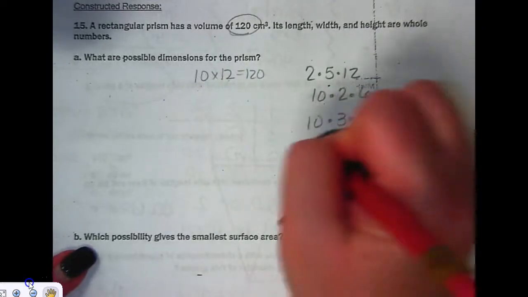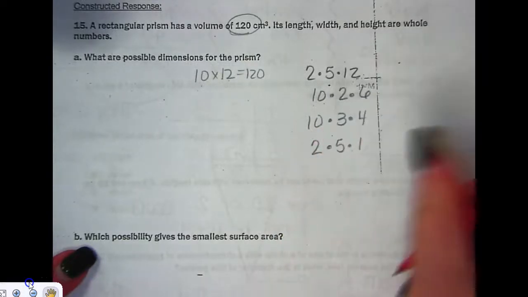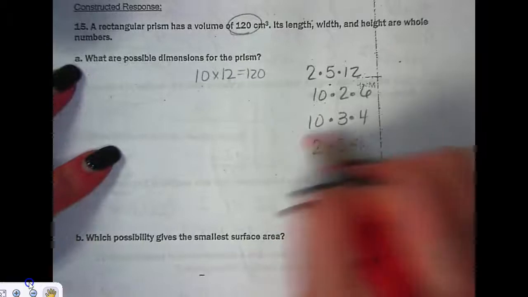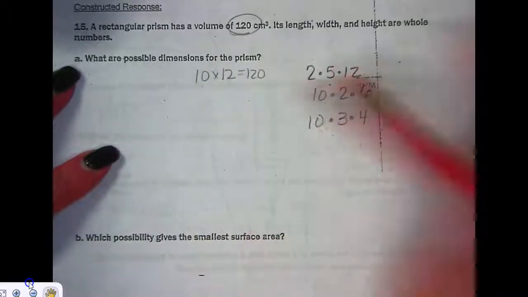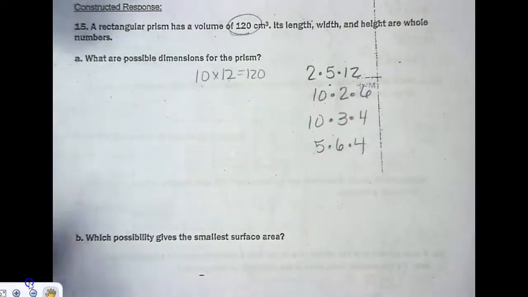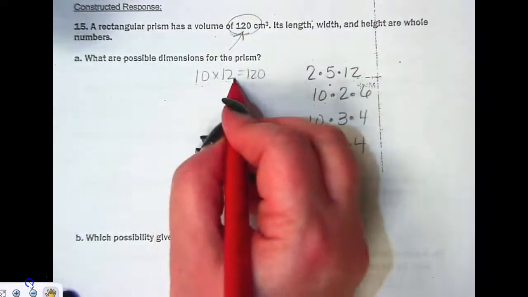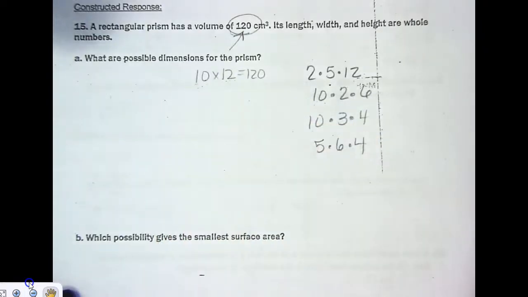Or 5 times 6 times 4. Lots of different ways you could do it. But to me it was easier if I broke it down into 2 pieces, and then I started thinking about breaking one of those up.